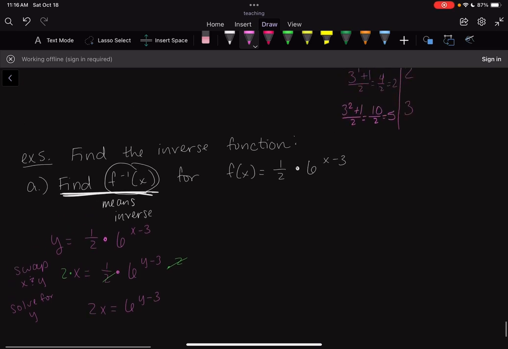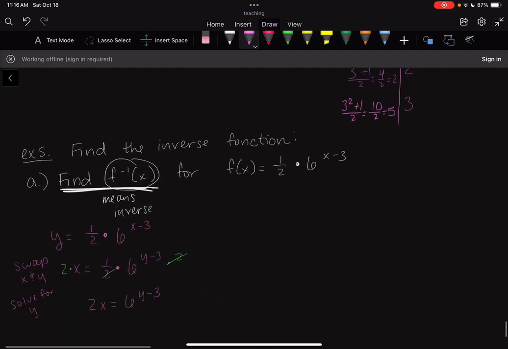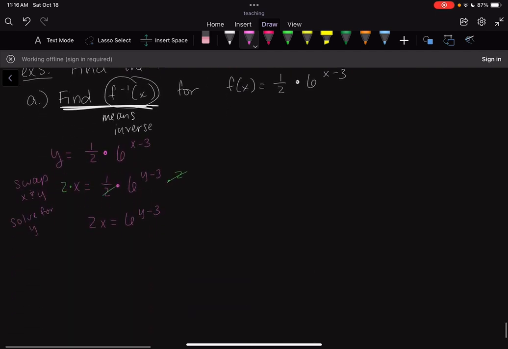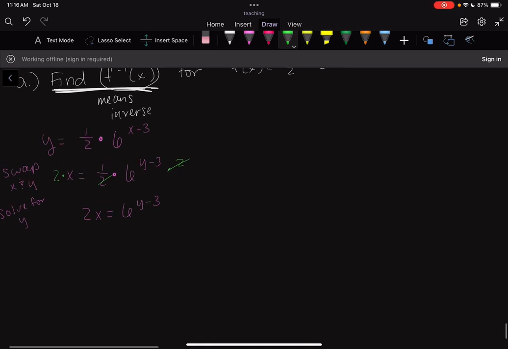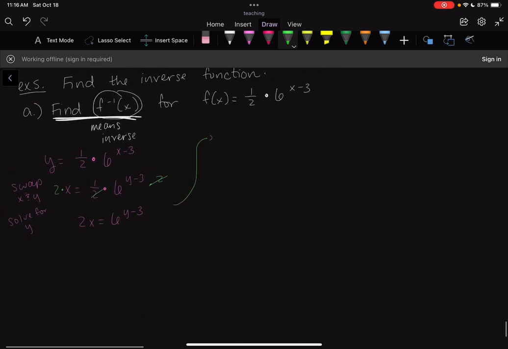Now, much like with the logarithms that we dealt with, we moved to the exponential form to be able to get the x out of the parentheses. If you want to get something out of an exponent, you have to move to logarithmic form. So in this case, I'm going to change to log form.